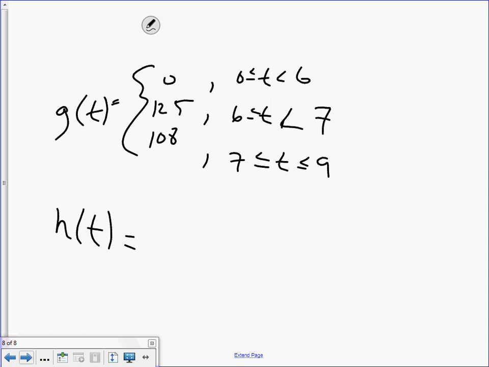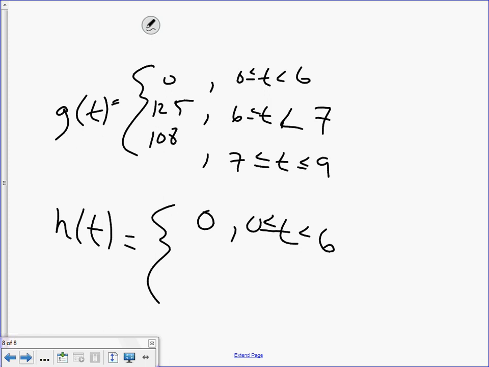Well, let's talk about the first 6 hours. Could you tell me for the first 6 hours how much snow she removed if she's removing snow at a rate of 0 cubic feet per hour? 0. So any time in there, the total amount of snow that she's removed is 0, because she's removing snow at a rate of 0 cubic feet per hour.